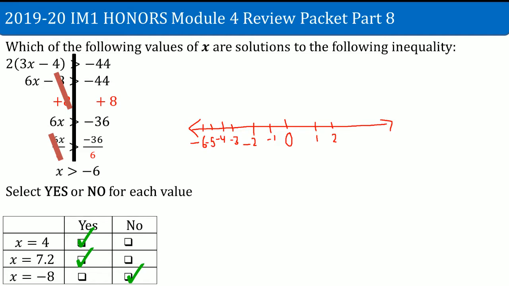It's open because of this symbol, so it's open here. And you see how the arrow, finish the arrow, shades to the right. So shade right there. Negative 8, you see how negative 8 is over here? Not a solution. 7.2 is somewhere right here. This is where 7.2 would be. This is where 4 would be. You see? This is all within the solution set. Okay, there you go.